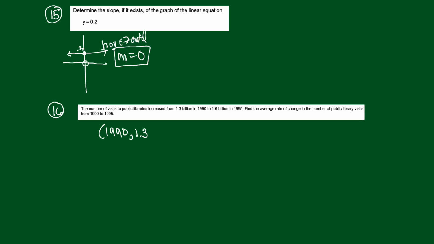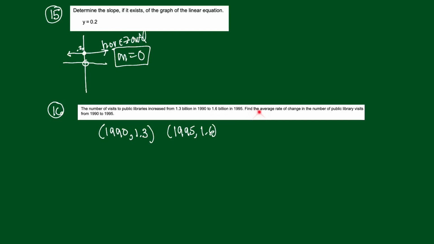And then it says it increased to 1.6 billion in 1995. So in 1995, there was 1.6 billion. These numbers are already in billions, so let's just write 1.3, 1.6. And now I have two ordered pairs. I can find the slope of the line that passes through those.